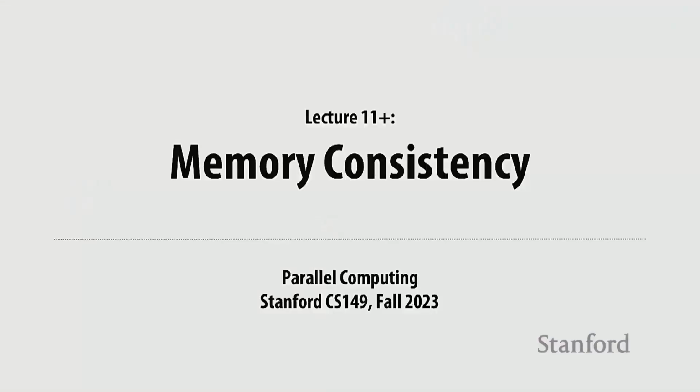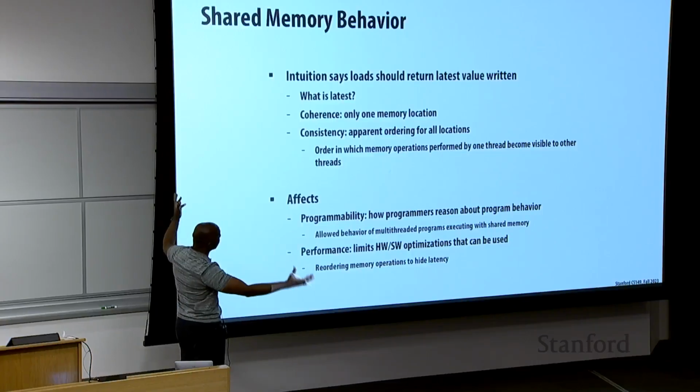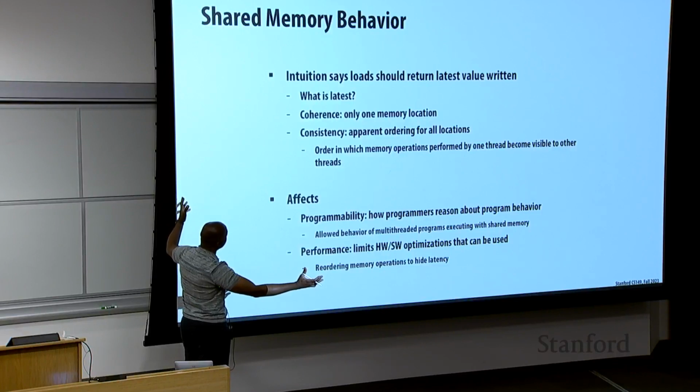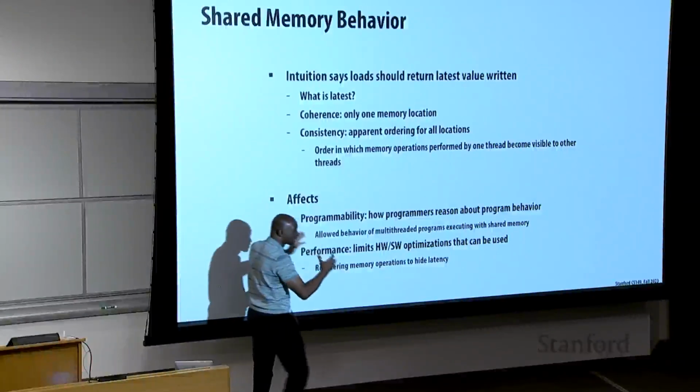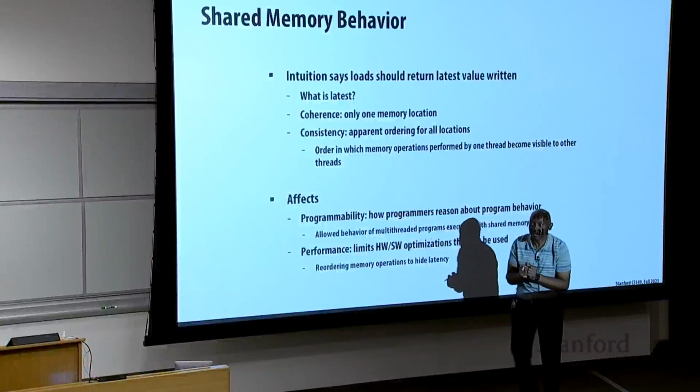So let's talk about memory consistency, which is the other side of the coin of dealing with memory in multiprocessors. We talked about how loads and stores should behave. Intuitively, you want to return the latest value written. Coherence is about a single memory location.